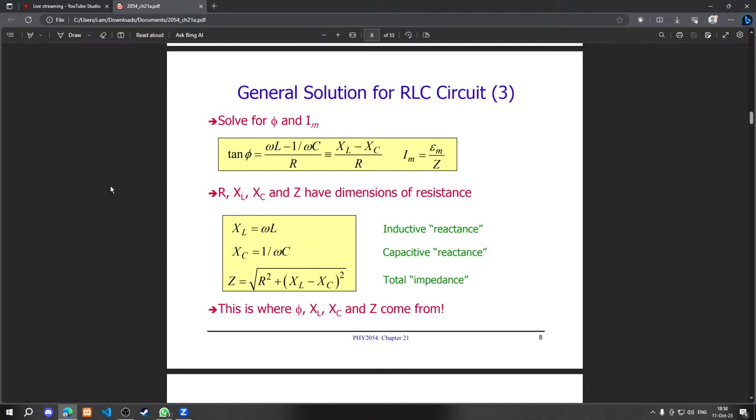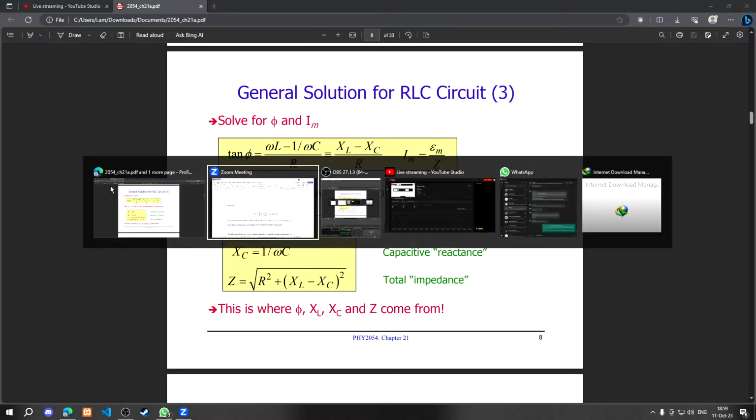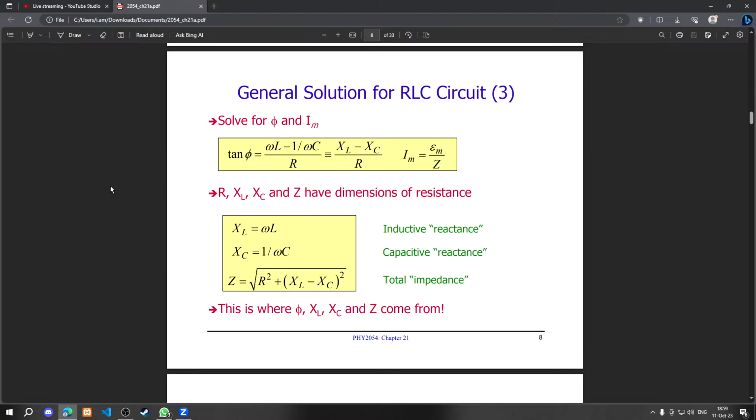And I want to show you the differential equation. I hope they can show it. Just a moment. Where is the differential equation? Slide number... Oh, there we go.